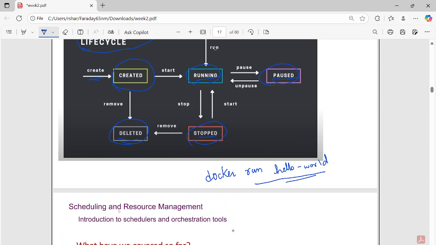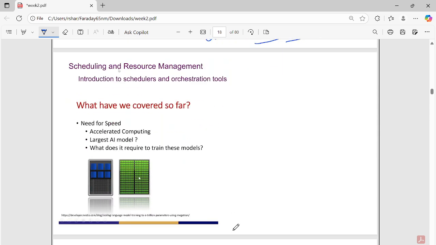With this command, if the image is not available in the cache, it will show that it is unable to find the image locally, and then it will pull it from the library, which is the latest library from Docker Hub. So just skipping this demonstration part. Next, we will see scheduling and resource management, an introduction to schedulers and orchestration tools.